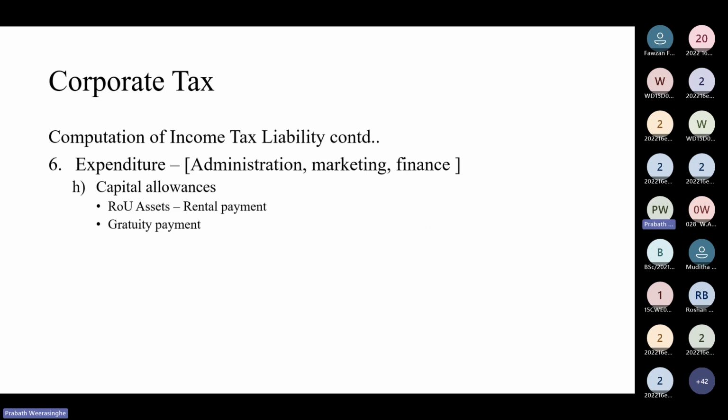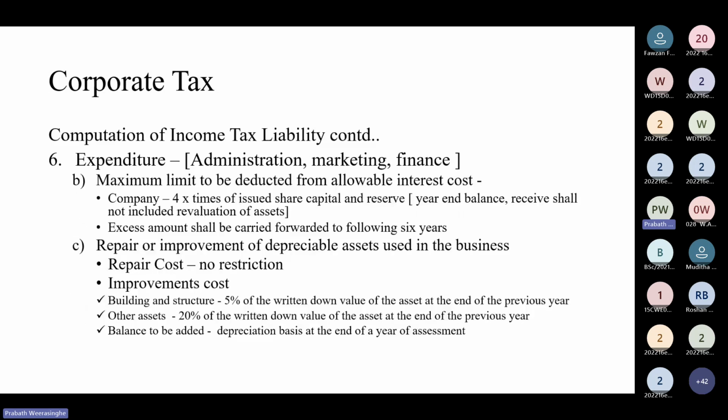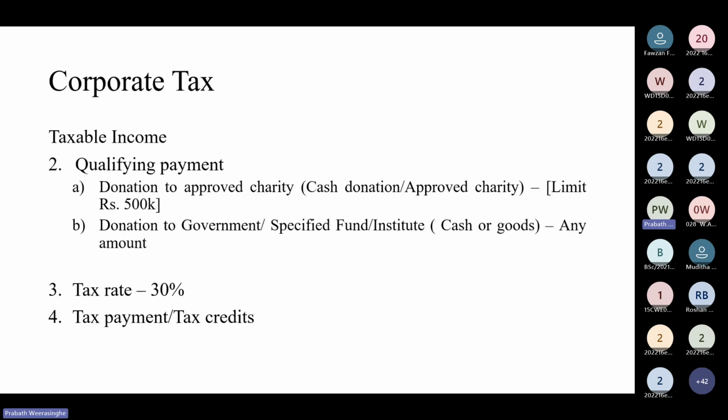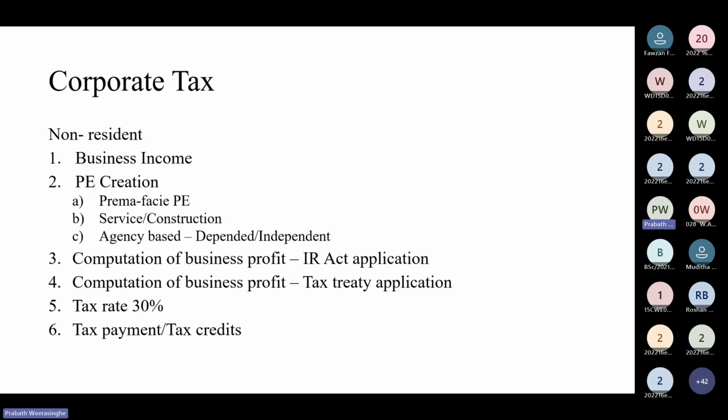So then, I will conclude what the assessable income or the corporate tax computation is, and thereafter the non-resident tax liability. So basically, focus on the business income, right? Excuse me, sir. Sorry to interrupt. What are the other areas that can be incorporated in the income tax question in theoretical aspects?